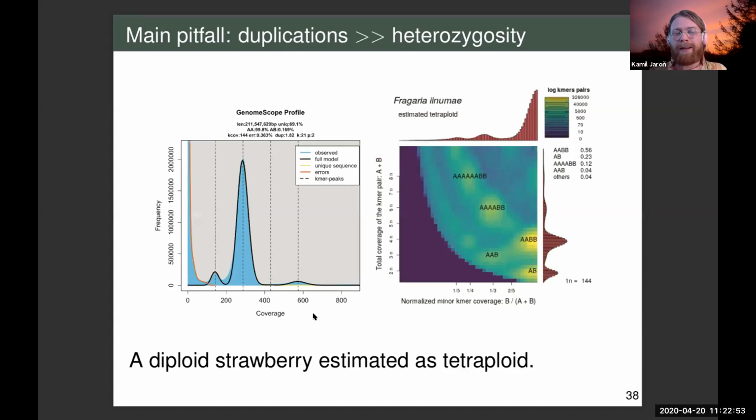It just happened that we pick up more duplication Kmer pairs than heterozygous Kmer pairs, which ends up with us estimating it as a tetraploid. I actually don't really know how to deal with it so far, but if you look at both the Smudgeplot and the GenomeScope, usually you can figure it out, which is great. I'm quite grateful for the pairing of the two, which is nice.